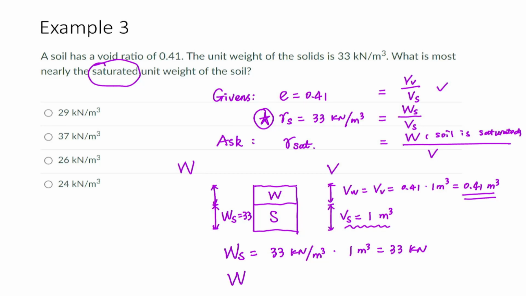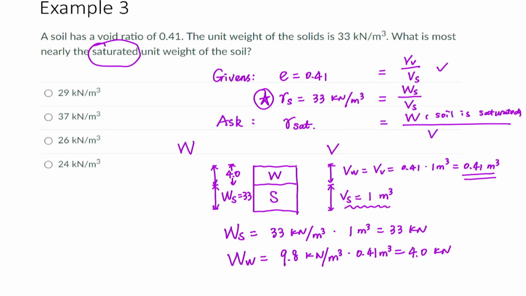If you recall, the unit weight of water is 9.8 kilonewton per cubic meter, times 0.41 cubic meter. This gives us about 4.0 kilonewton.